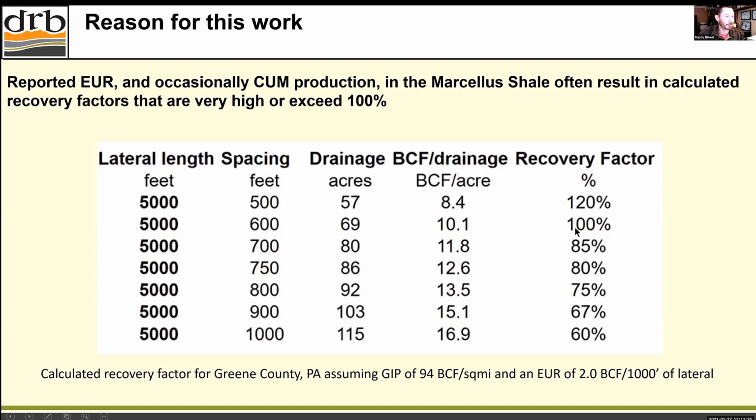Generally this area here seems to be where a lot of operators have landed in terms of wellbore spacing. So again, we're dealing with 75 to 80% recovery factors, but we do occasionally see wells that are more in the 100 to 110, sometimes even higher percentage range, and we needed to address that.